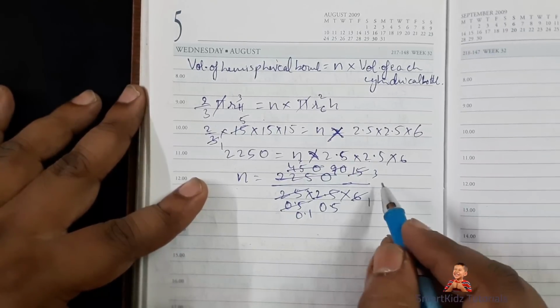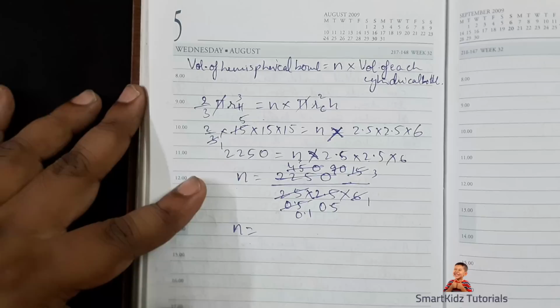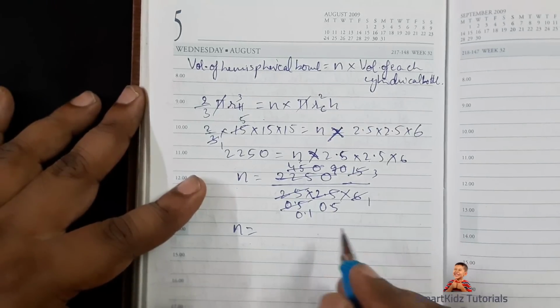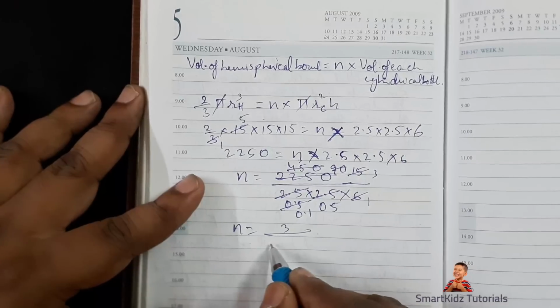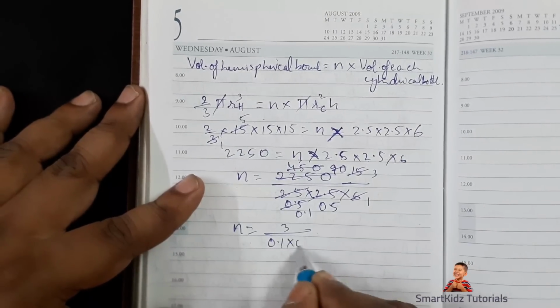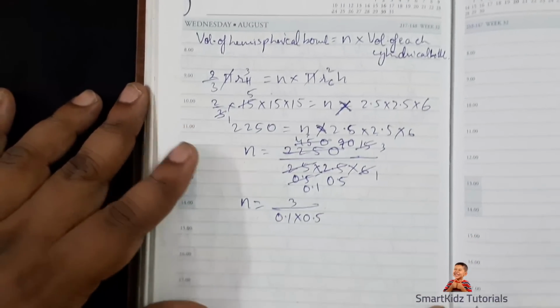Then over here, what we will be left with is 3 upon 0.1 into 0.5.